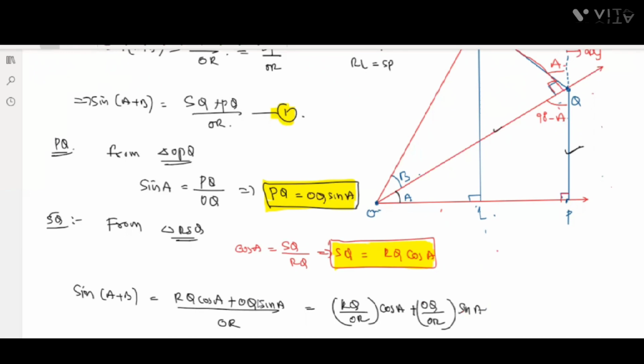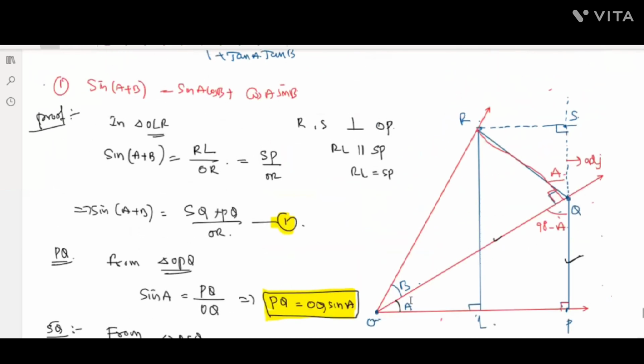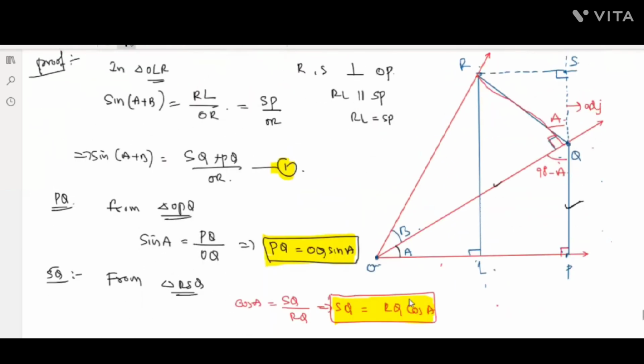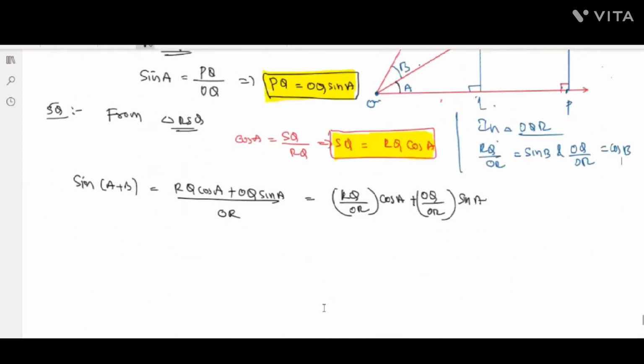So if you look at triangle OQR, RQ by OR is sin B and OQ by OR is cos B. So let's substitute this in this result.